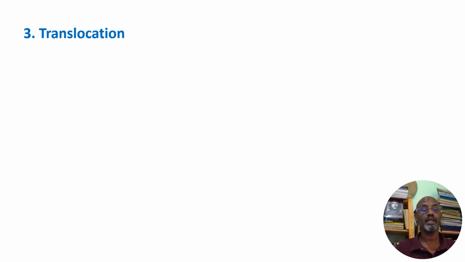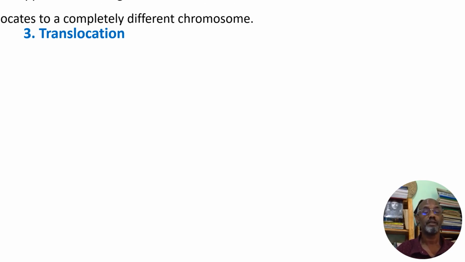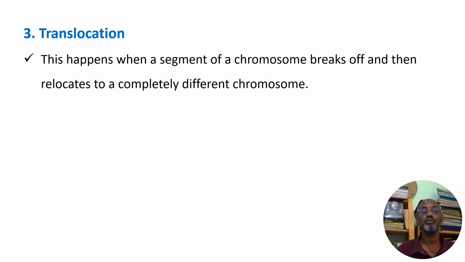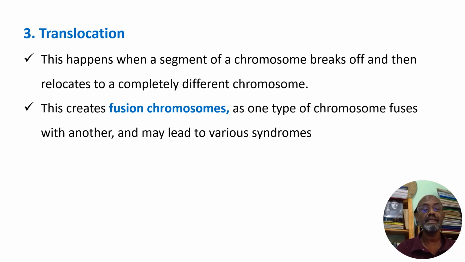Now, the third is translocation. This one is very important as far as evolution is concerned. Translocation happens when a segment of a chromosome breaks off and then relocates to a completely different chromosome, and this creates fused chromosomes.